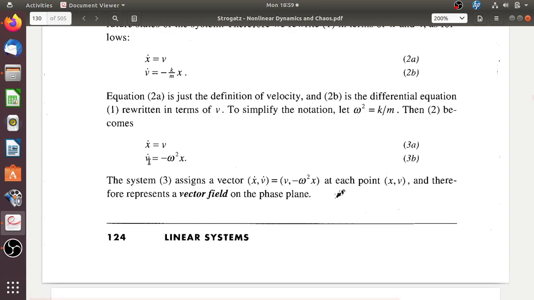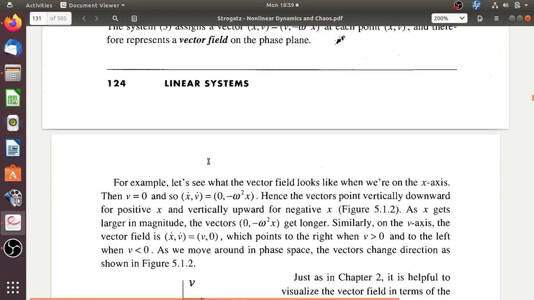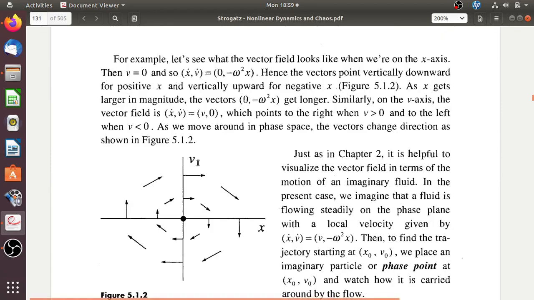What about v? v is not going to change because x is 0 at that particular state. And therefore the system will try to go along this direction.